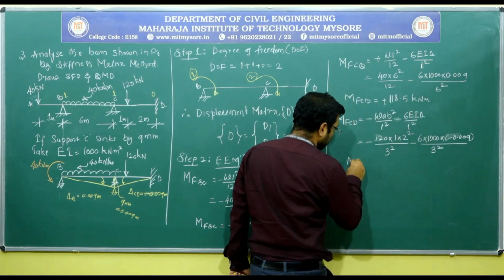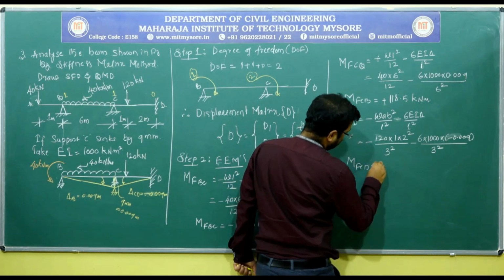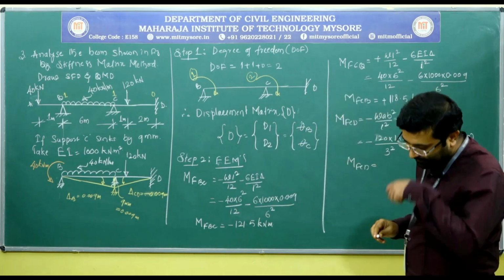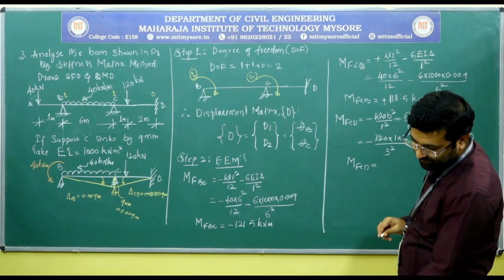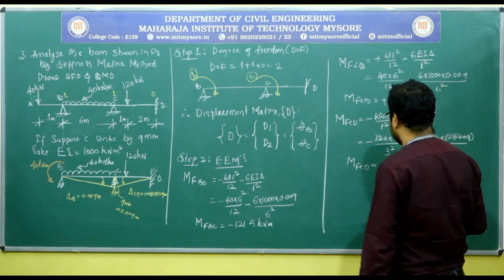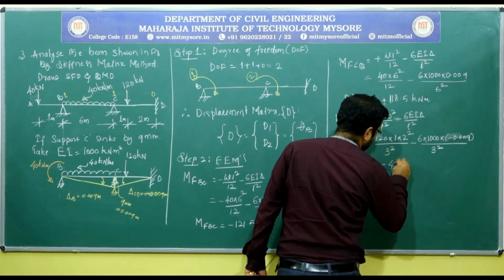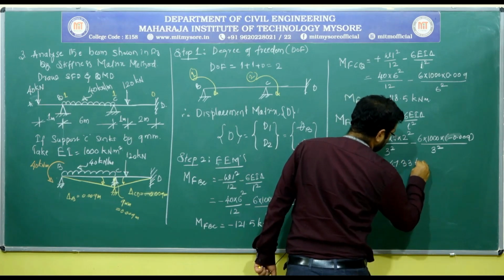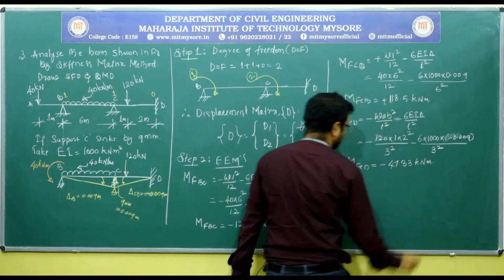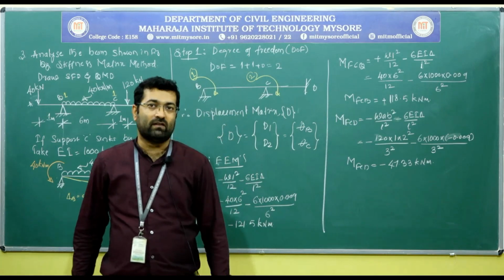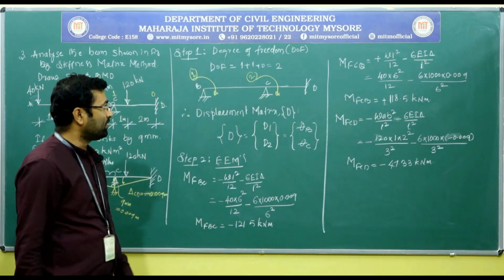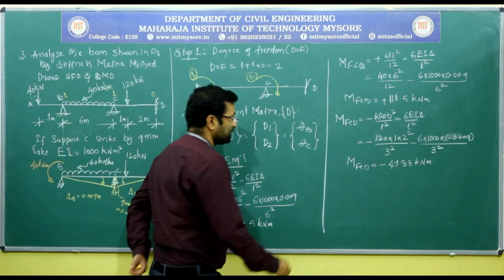This gives me a value of MF CD as minus 47.33 kilonewton meter. In a similar way, we have to calculate one more fixed end moment, that is MF DC.